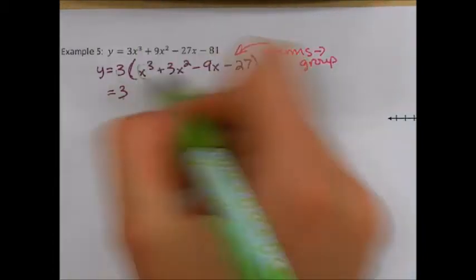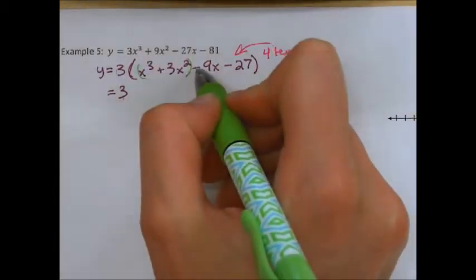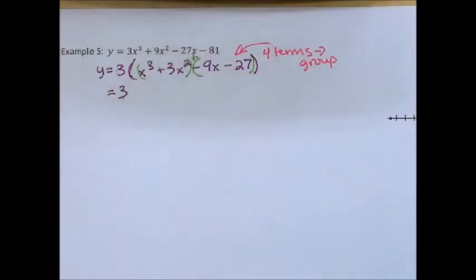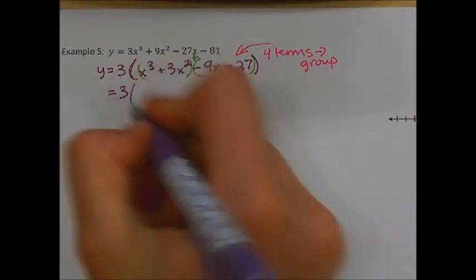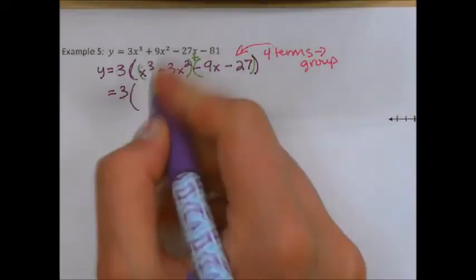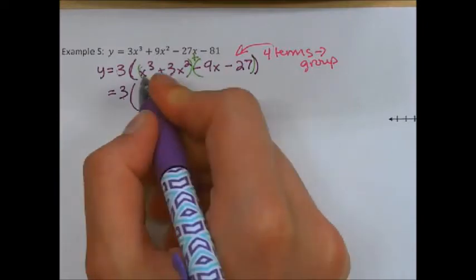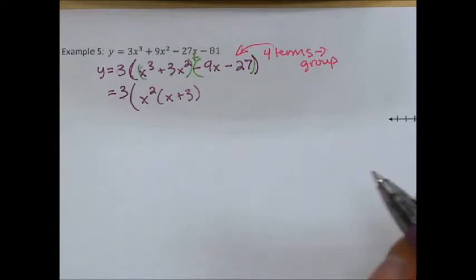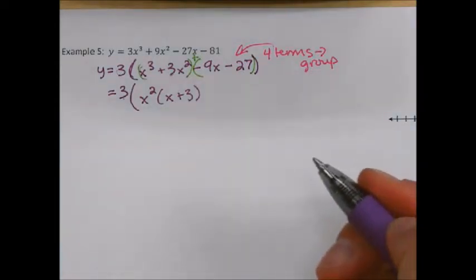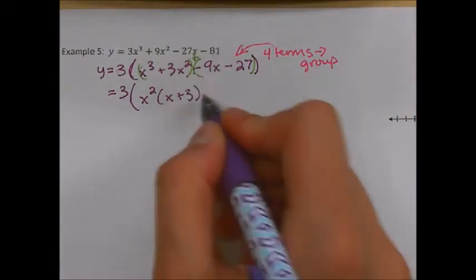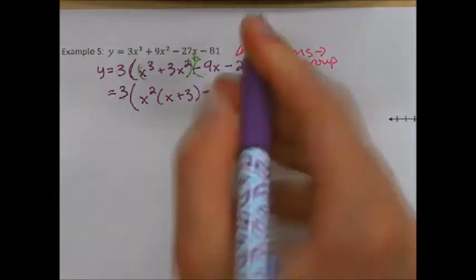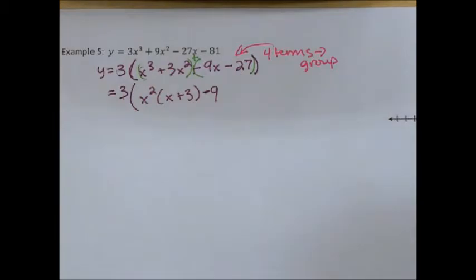We're going to group the first two. The minus goes with the 9. Put a plus in the middle. My GCF here is x squared, x plus 3. Since this is negative, our GCF is going to be negative. 9 and 27, that's going to be a 9.